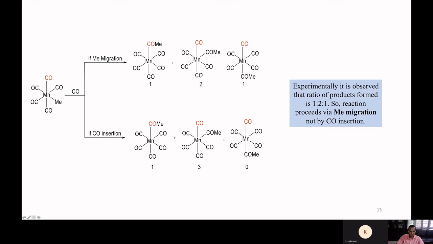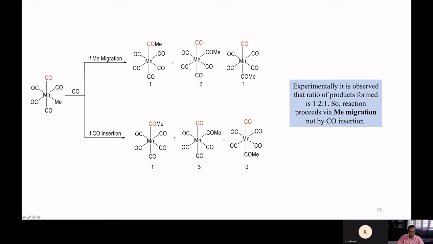Now what we are getting, if methyl is moving from here to there, you will get this compound, and the vacant position of methyl will be filled by CO, because you are doing the reaction under CO. So this COMe will be trans with respect to the labeled carbon monoxide. This is 13CO trans. You can characterize this complex.